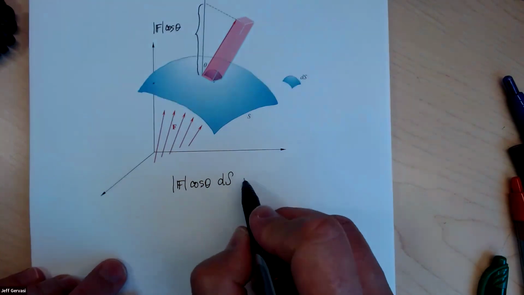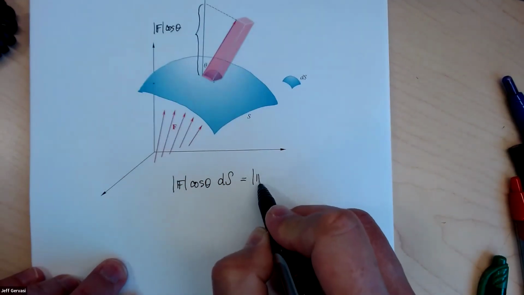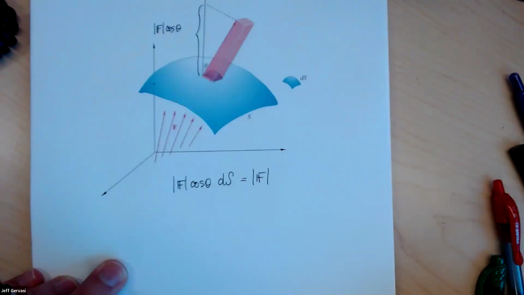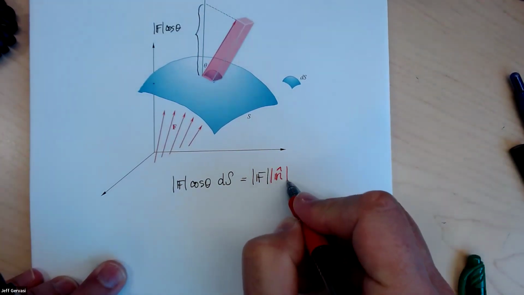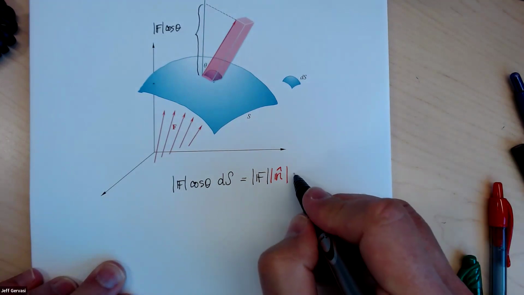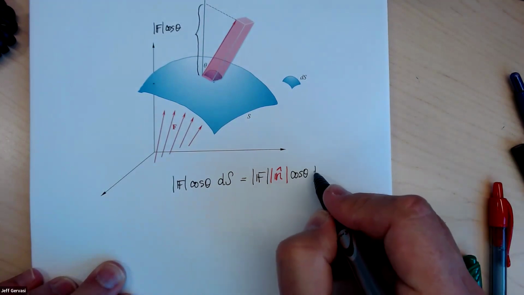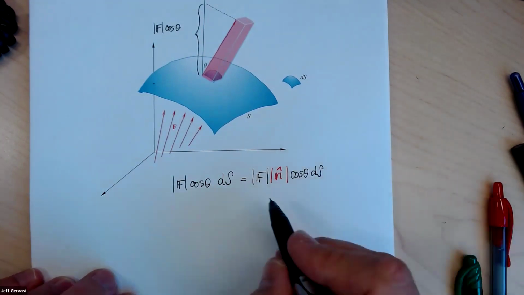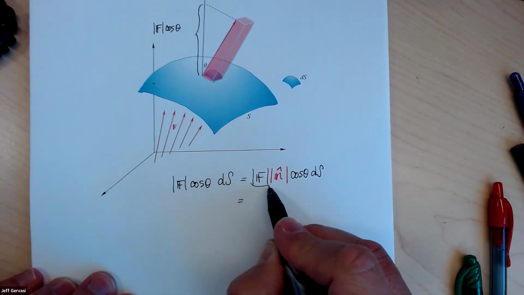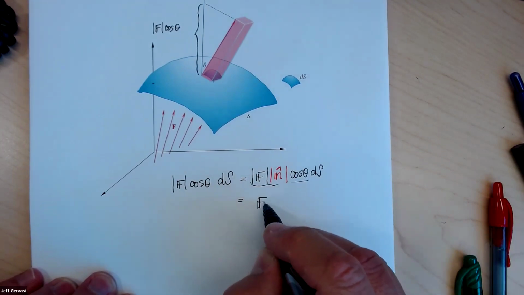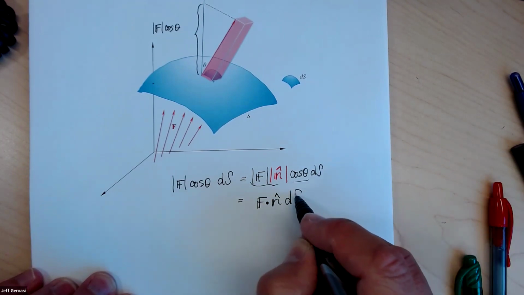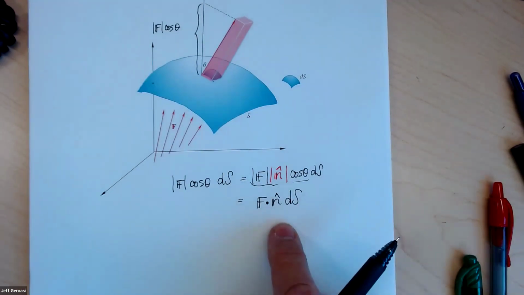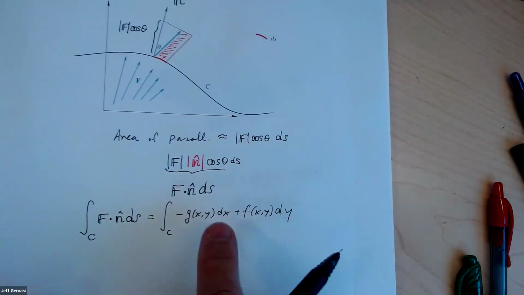Then I'm going to multiply it again by our clever expression of 1, and I can replace these 3 factors with the dot product of F with the unit vector. Once again, very similar to what we just showed in 2 dimensions.